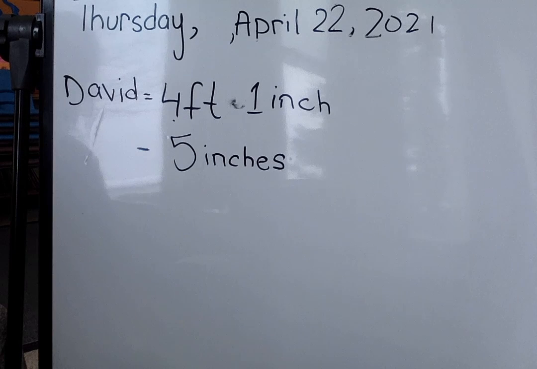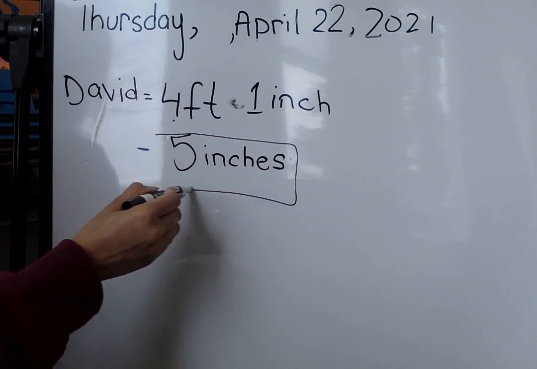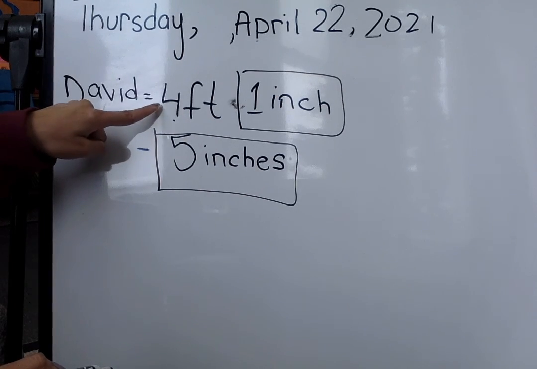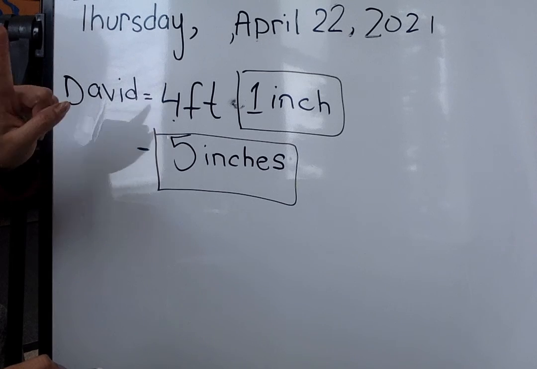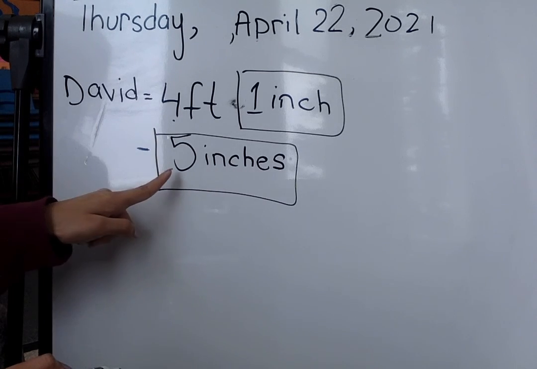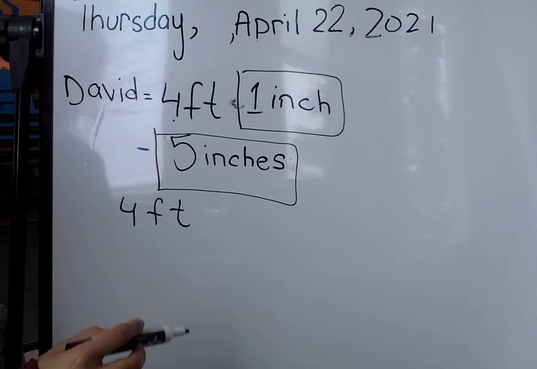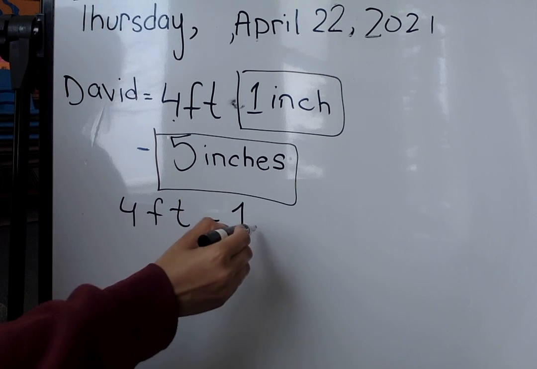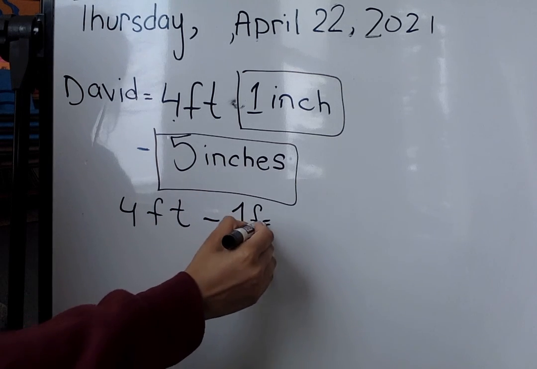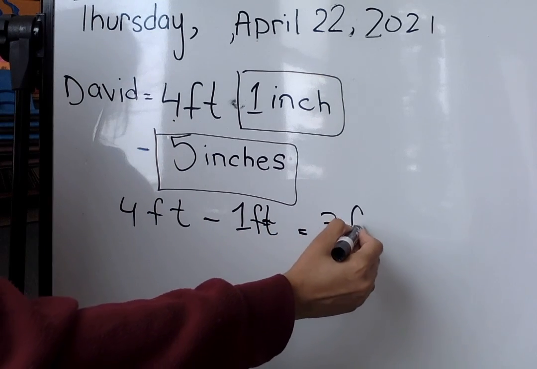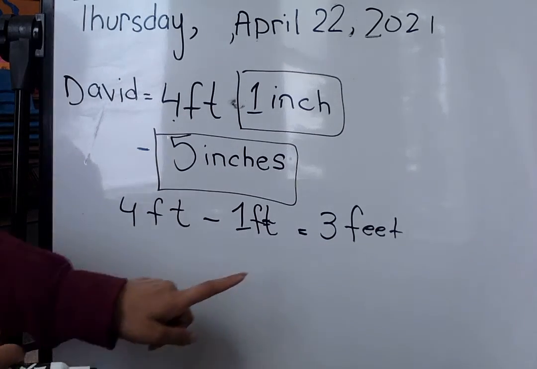And we know that 1 foot equals 12 inches, right? So we have 5 inches over here and we have 1 inch over here. We are going to borrow 1 foot, which is 12 inches, out of this 4 feet. So out of 4 feet, if I take away 1 foot, I am left with 3 feet, right?